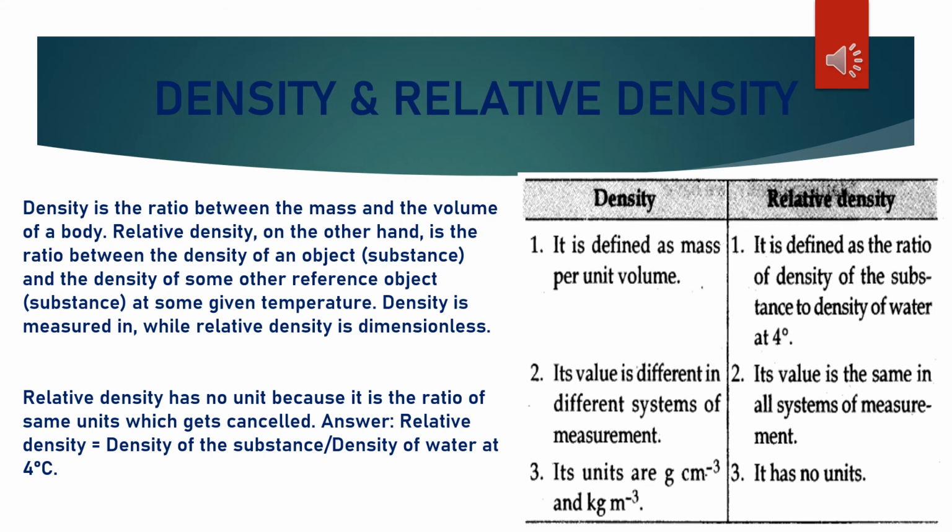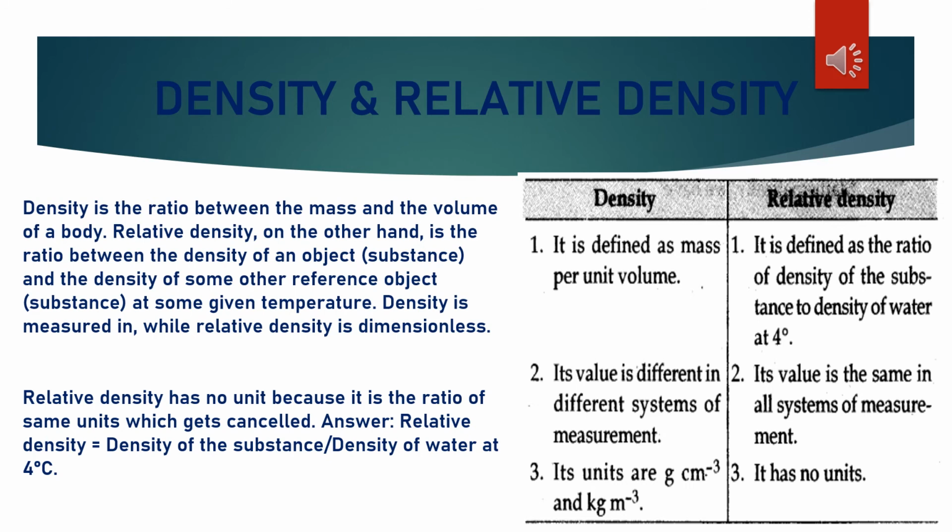Density is measured in units, while relative density is dimensionless. Relative density has no unit because it is the ratio of same units which get cancelled. So relative density is equal to density of the substance divided by density of water at 4 degrees Celsius.